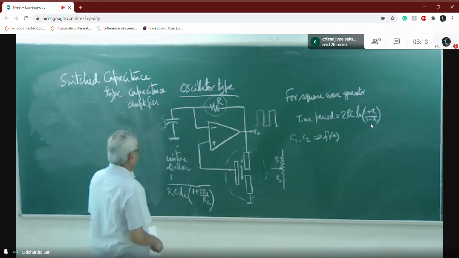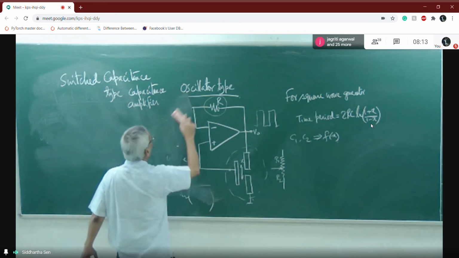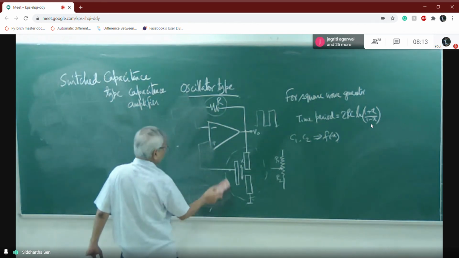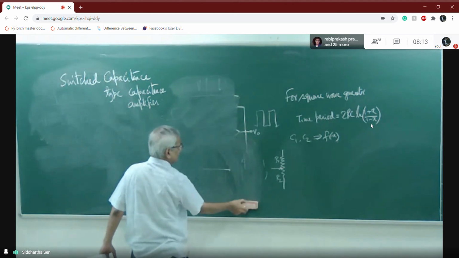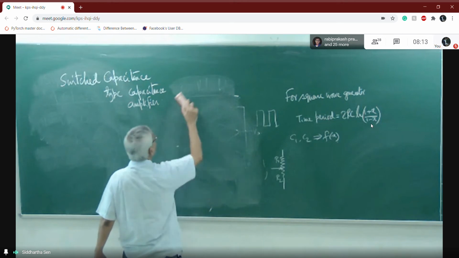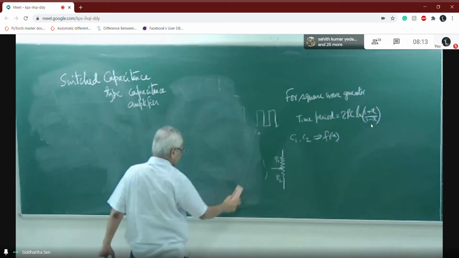There are several configurations for this switched capacitance type capacitive amplifier, but I will consider only the simple one.